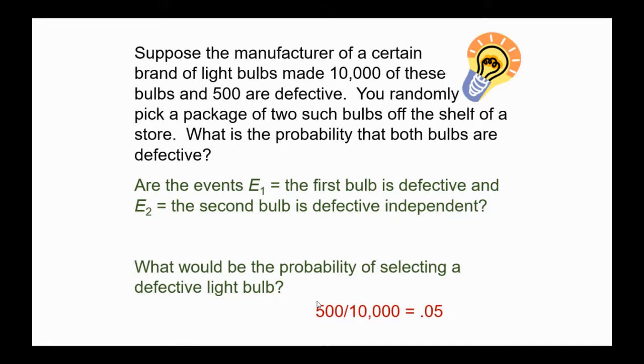Now, let's say that one is defective. We go to pick a different one. What's the probability that the next one would be defective, to 4 decimal places? Would it be with replacement or without replacement? Without replacement. So 499 divided by 9,999.